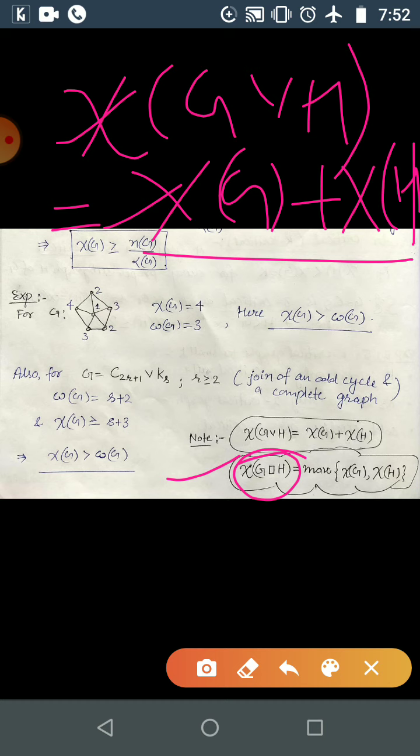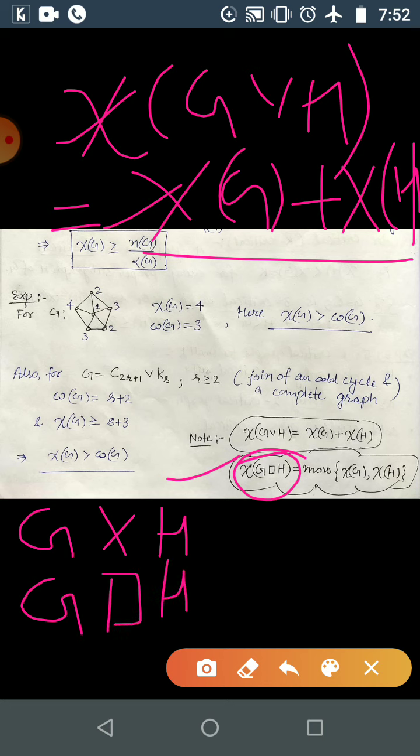Like we did join, we will also discuss this Cartesian product. The Cartesian product of graphs G and H is denoted in some books by G cross H, and in this book they have denoted it by G Cartesian H, or you can say H Cartesian G, because this is symmetric.